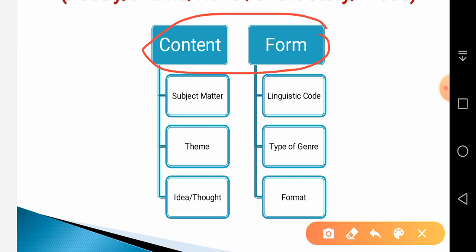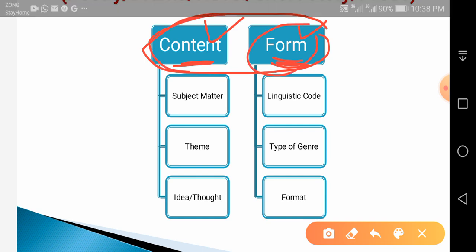A critic, whenever he or she takes up a piece of drama, a literary piece, or it may be a piece of poetry, lyrical poetry, or narrative poetry, so a critic always has a look on both content and form. Both these ingredients or constituents have to be discussed. Their merits and demerits are discussed by a critic.